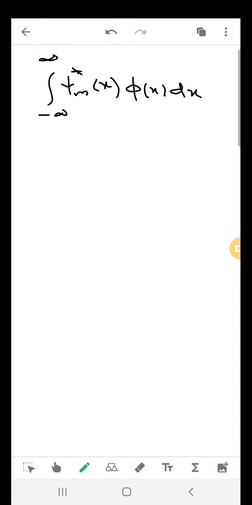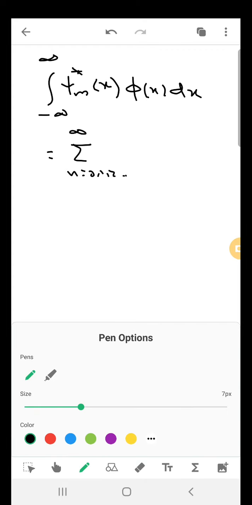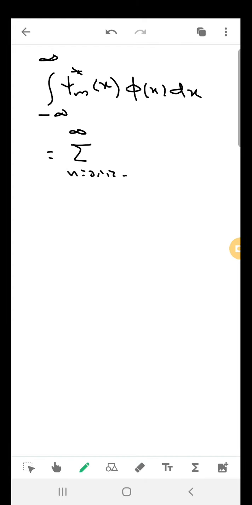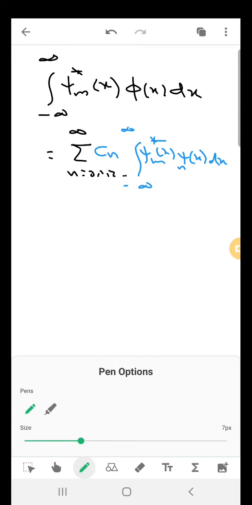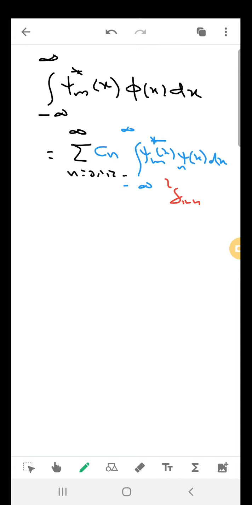So putting the value of phi here, we get the sum over n is equal to 0, 1, 2, 3 to infinity of Cn times the integral from minus infinity to infinity of psi m star x into psi n x dx, and as we have seen, this is equal to the canonical delta mn.